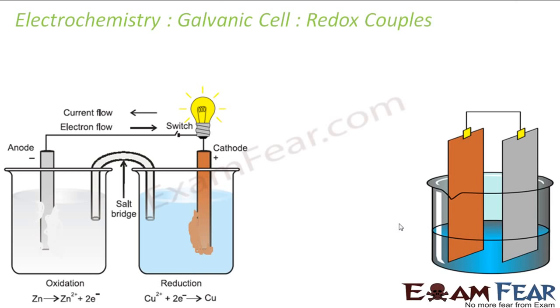So if you observe, the reaction is happening in two different parts, right? This is my oxidation half and this is my reduction half. The reaction occurs in 2 different portions. The reduction half is happening at the copper electrode, and the oxidation half is happening in the zinc electrode, right?